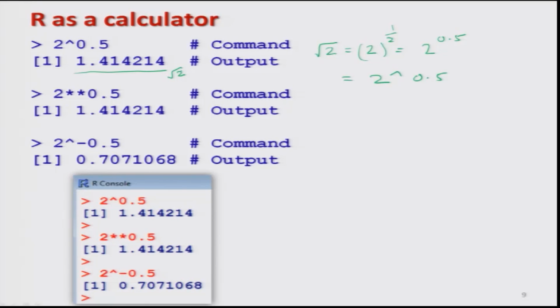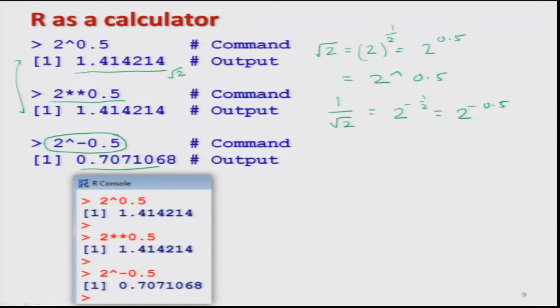The same thing I can also write as 2 star star 0.5, and this is again giving me the same value as the square root of 2, or 1.414. And if I want to find, suppose, 1 upon square root of 2, this can be written as 2 raised to the power of minus 1 by 2, which is 2 raised to the power of minus 0.5. So, I write 2 hat minus 0.5, and then I am getting the value of this thing.